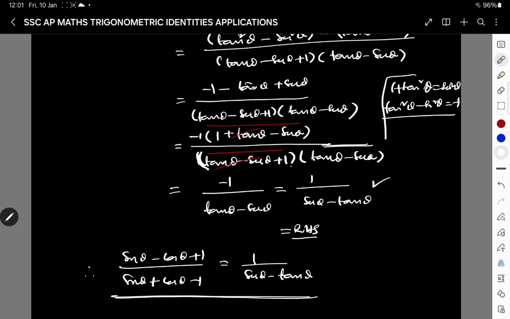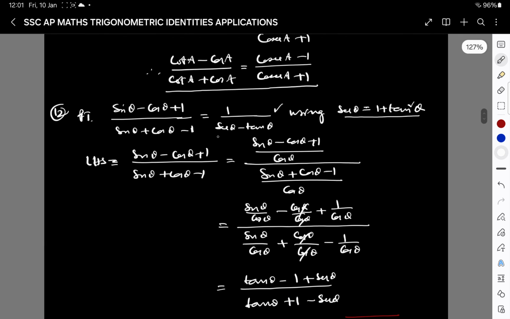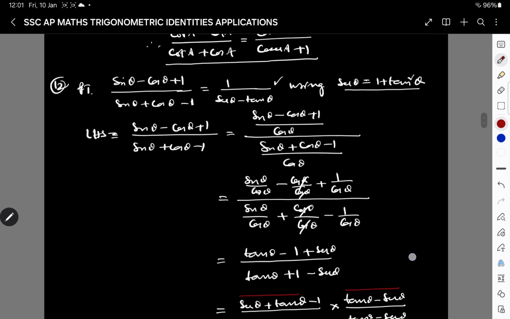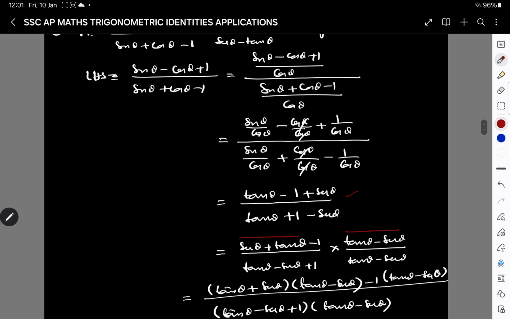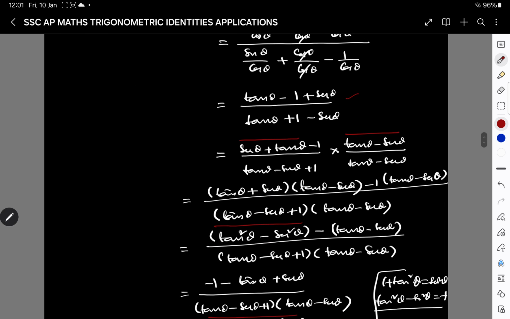You must remember that because you need an answer in terms of secant and tan, we will try to get the numerator and denominator in terms of tan and secant first. Then just multiply numerator and denominator by secant minus tan. This is as given in the textbook.